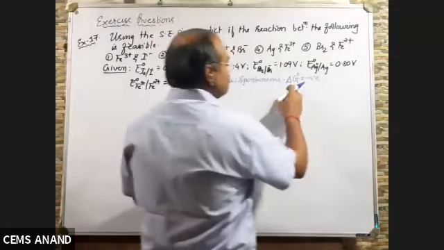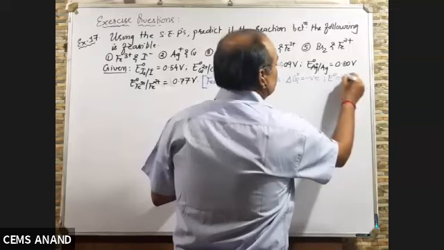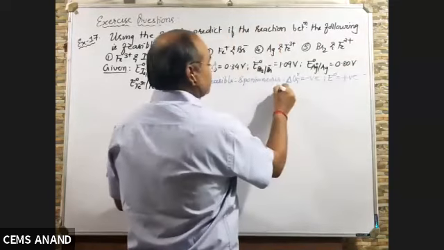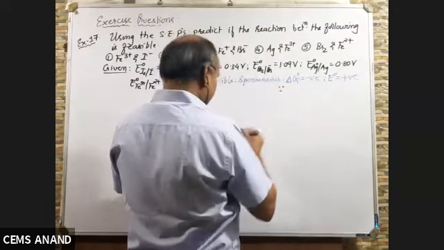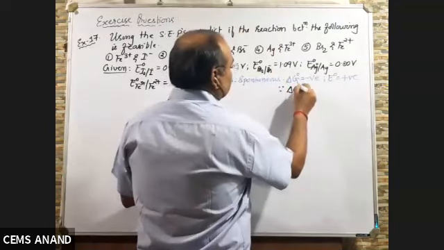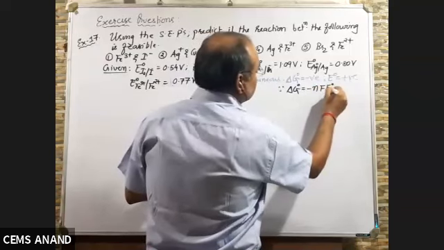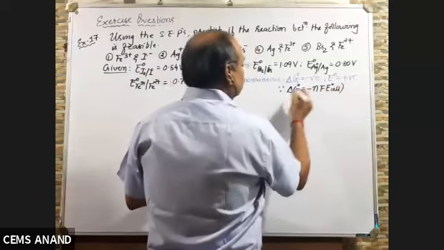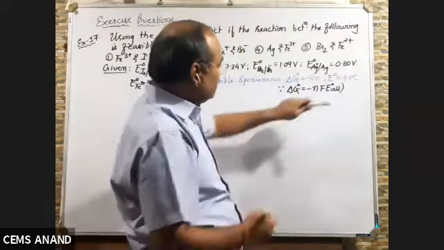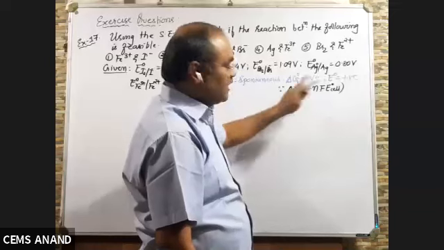And to make delta G0 negative, E0 should be positive, because we know the formula: delta G0 is equal to minus nFE0 cell. If you put a positive value here, then positive into negative will be negative.